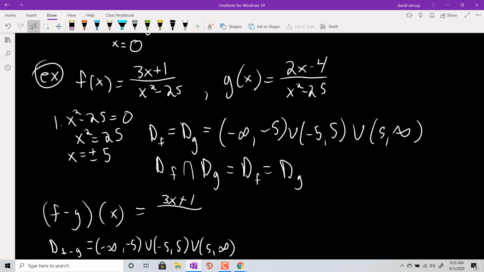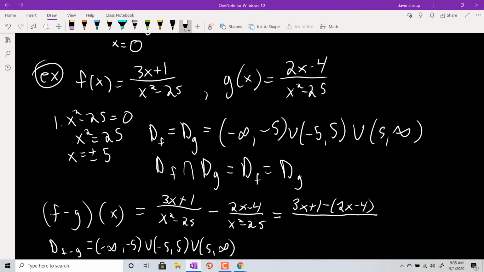3x plus 1 all over x squared minus 25, minus 2x minus 4 all over x squared minus 25. They want you to simplify these expressions. So I'm going to combine the two over the common denominator. So I have 3x plus 1 minus the other numerator, 2x minus 4, and then divided by x squared minus 25.